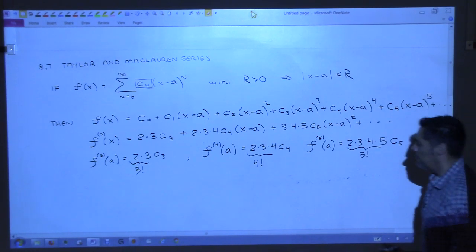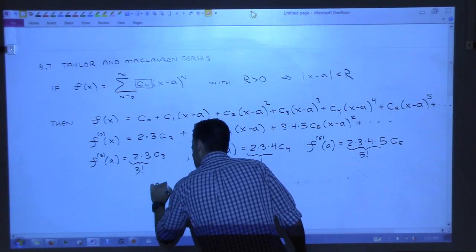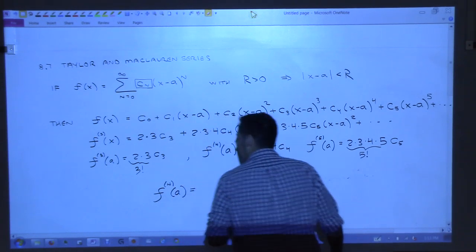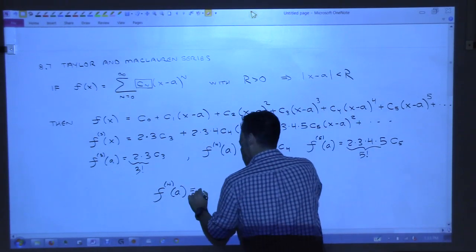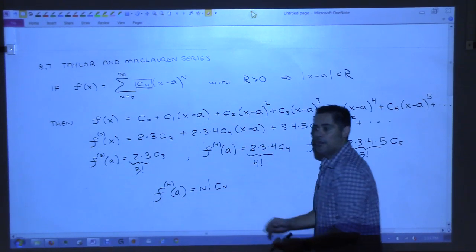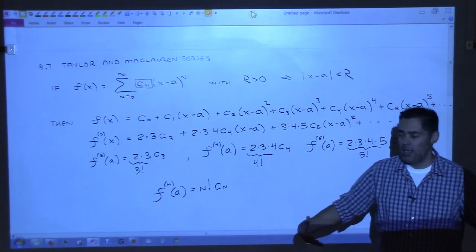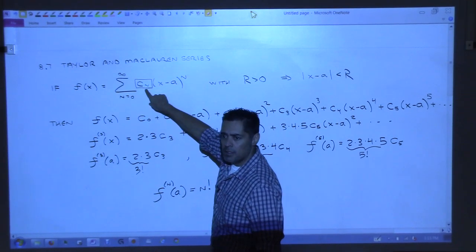So in general, here's what I have. The nth derivative at a should be what? n factorial times c sub n, right? That's what we have concluded from this. And weren't we trying to come up with a formula for c sub n?